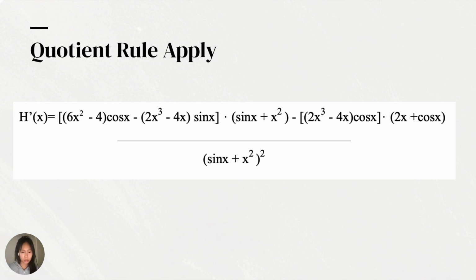But we can also notice that 6x^2 - 4 and 2x^3 - 4x all have something in common. They can each have a common factor within their group.